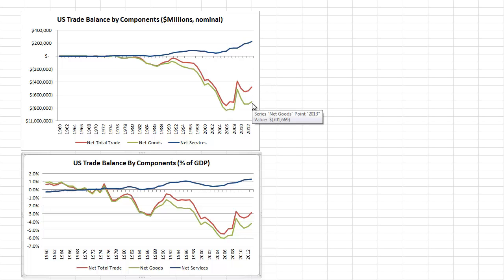We import a whole lot of goods. In 2013, we had a net balance of negative $700 billion worth of goods that we imported over what we exported.